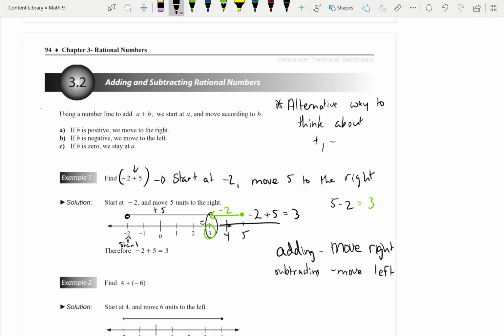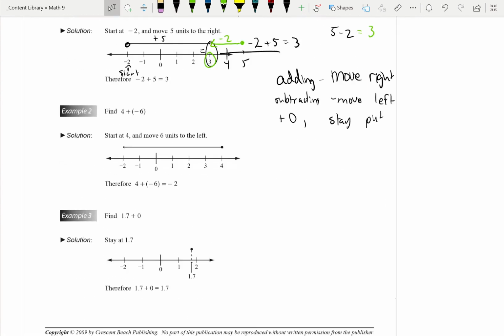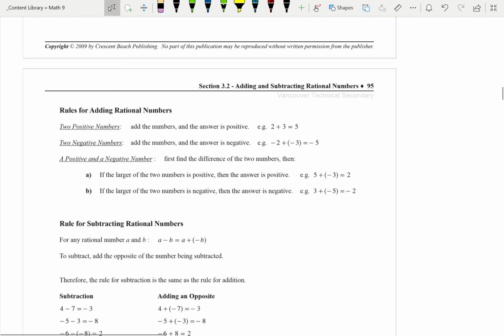And then lastly, if you add 0, you stay put. So that's these 3 here. Now the main reason why I'm going into this, a lot of these are simple. We know what 2 plus 3 is equal to 5, but there are sort of these couple of rules that'll help us out. The main ones are 2 positives and 2 negative numbers.